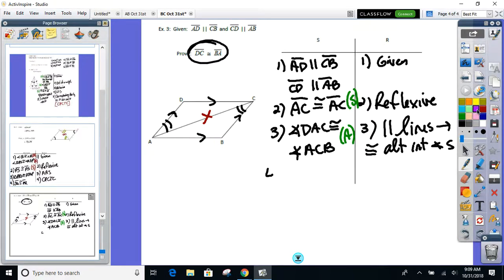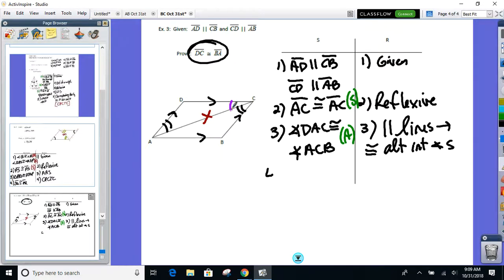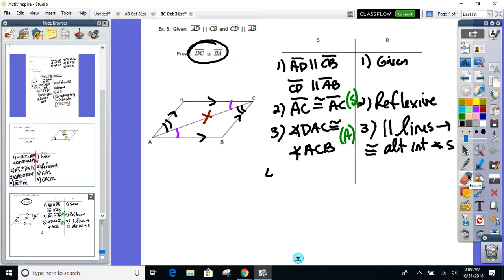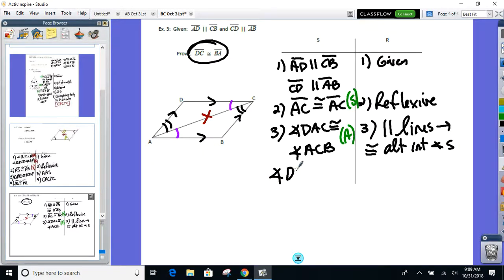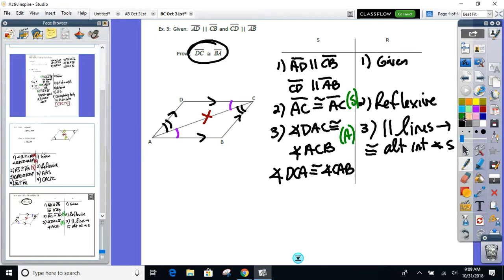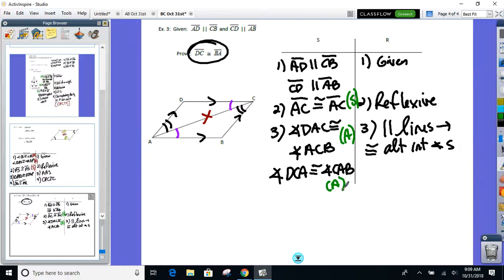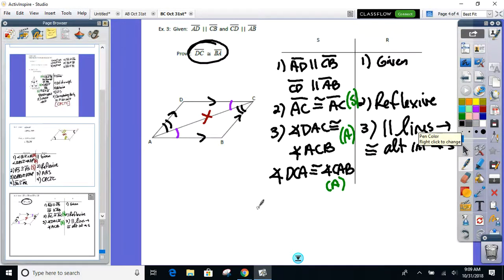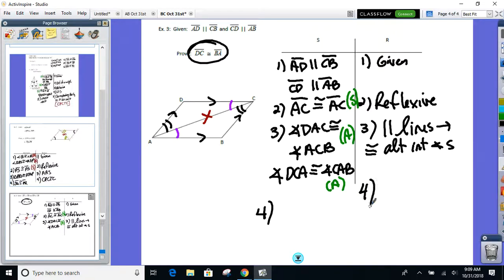I heard DCA and then I didn't hear anything else. DCA, because they are also... Okay, is everyone all right if I just put those in step 3 as well? Same reason. If you want to write it again, go ahead, but angle DCA is congruent to CAB. And there's your third pair. Now you just have to determine, is that reflexive side in between or not? Look at a single triangle and say, is that side in between the other two angles?